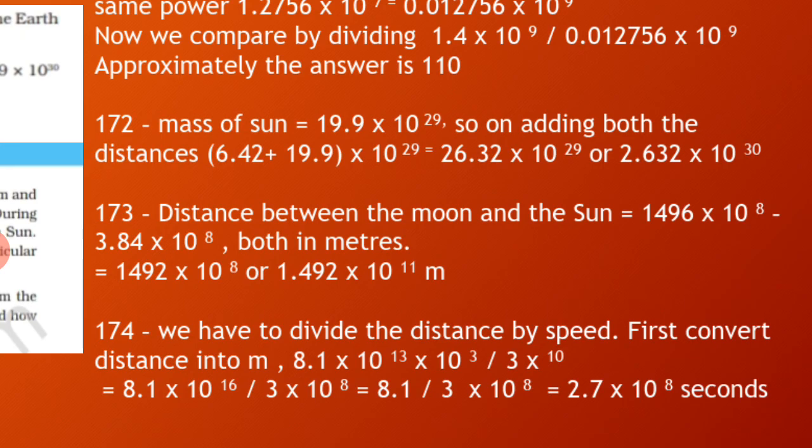So for the answer, we subtract 1496 minus 3.84, because 10 raised to power 8 is common, that remains. So it becomes 1492 into 10 raised to power 8 approximately, or 1.492 into 10 raised to power 11 meters. You can convert this further into kilometers also, but if you leave it like that, this also is correct.